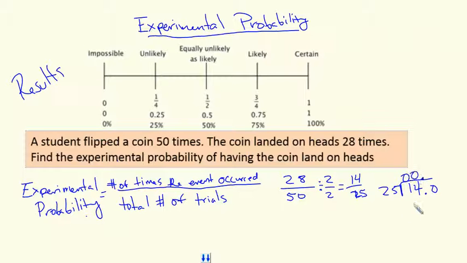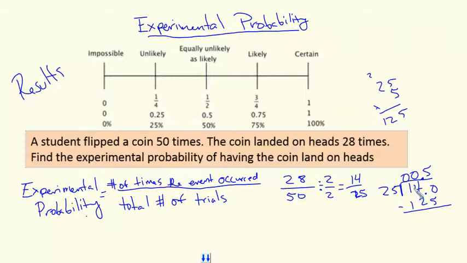It does not go into 14. But it does go into 140, I believe 5 times. Okay, so 5 times 25 is 125. So 25 goes into 140 5 times.